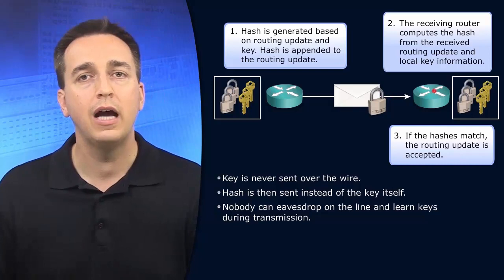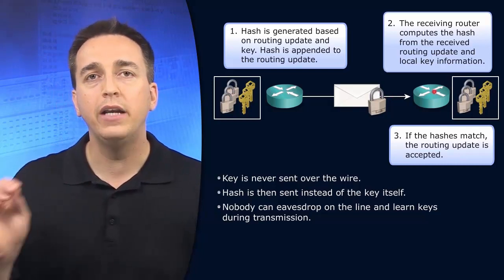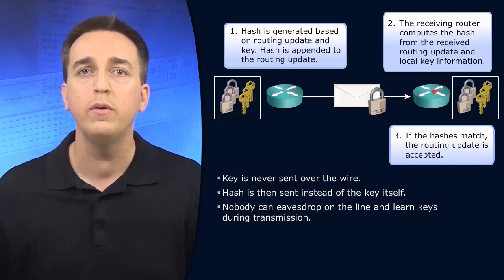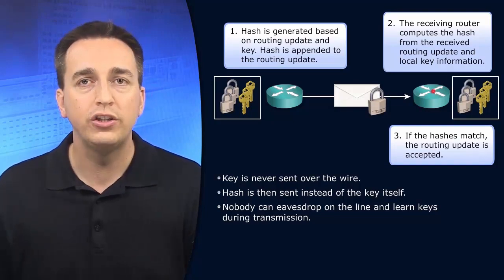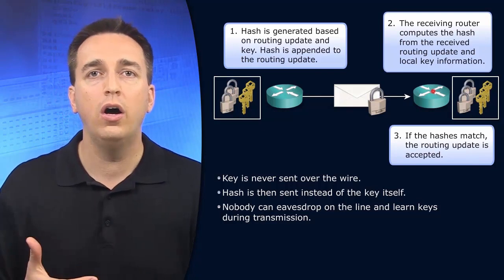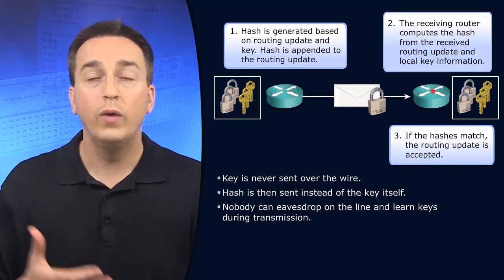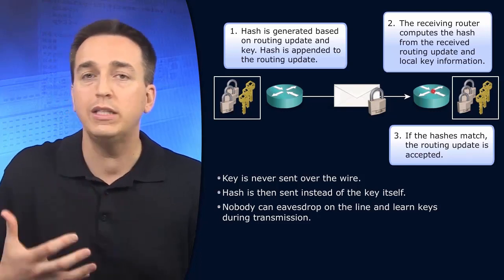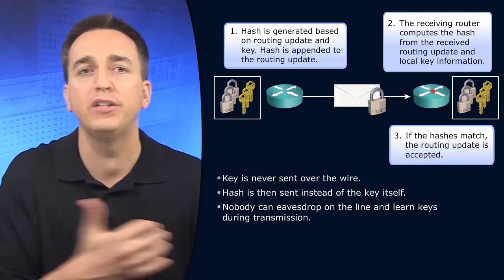So over on this side, the router receives it, and it has to calculate on its own a hash based on its local keying information that it has. So we just received this particular routing update from this router.